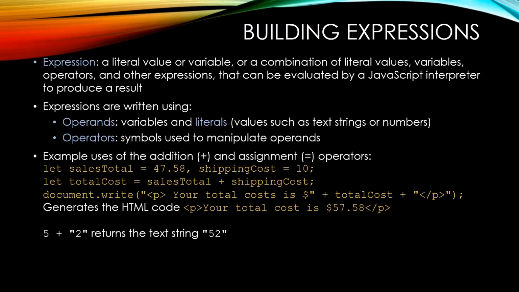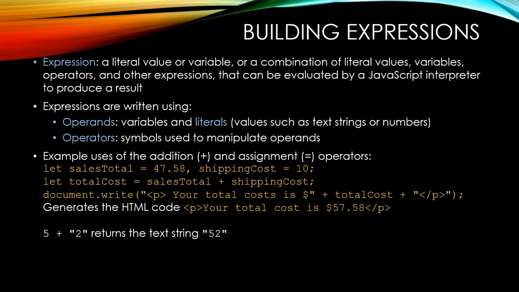The next topic we are going to explore is being able to build expressions and using those variables in order to perform other processes. So let's start with some vocabulary. An expression is a literal value or a variable, or you can combine literal values or variables, operators, other expressions, and what it is you're wanting to evaluate in order to produce a result.